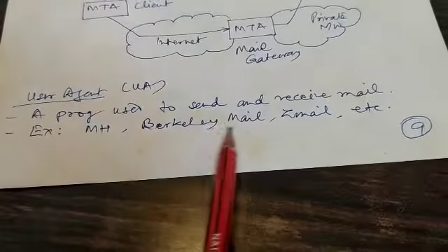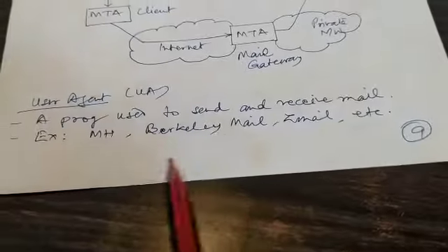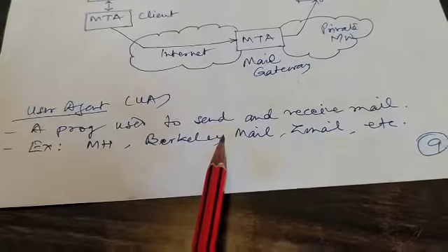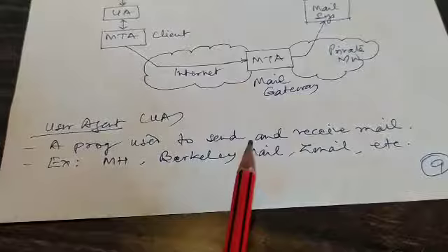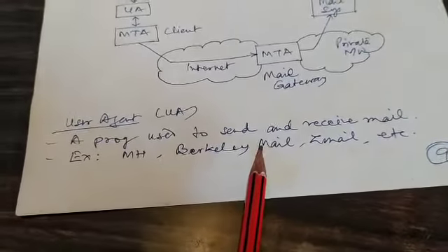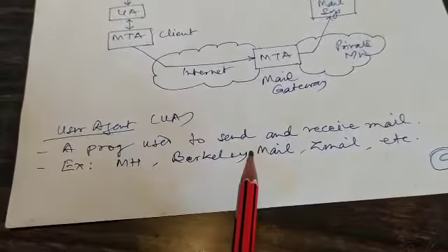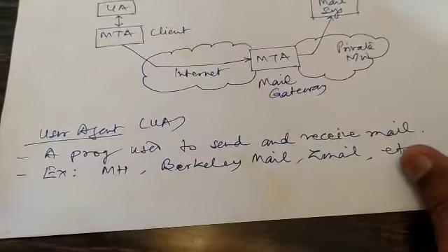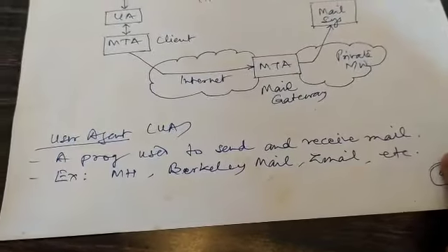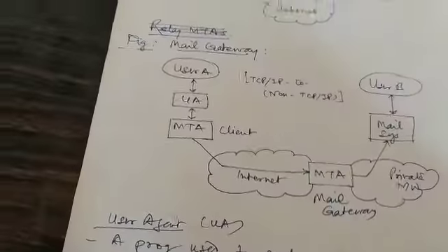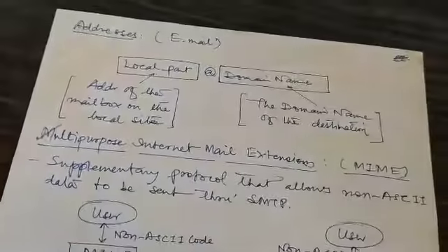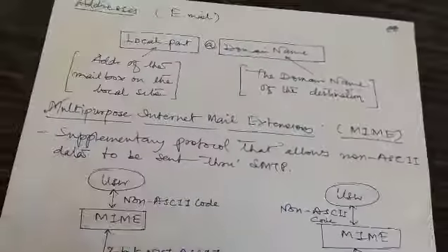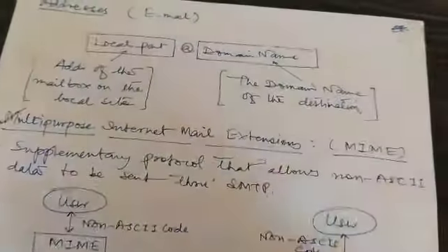For example, MH, Berkeley Mail, Zmail, etc. And nowadays we have Gmail, Rediff Mail, etc. These are the various user agents. Fine. So we have seen the basic architecture of SMTP.